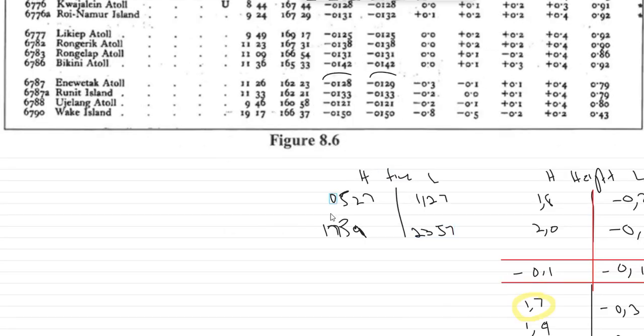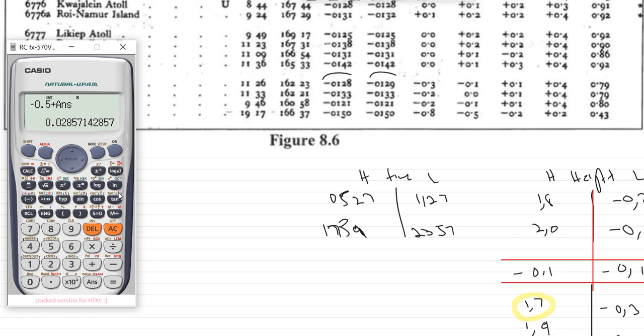So these are our times, so we're just going to apply changes on these times. I'm just going to use the calculator. So I'll just clear everything on my calculator first. For high water, my time was 5 hours 27 minutes.